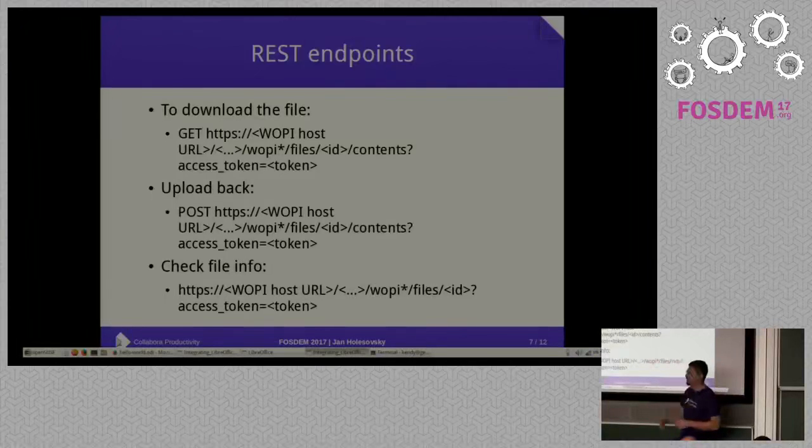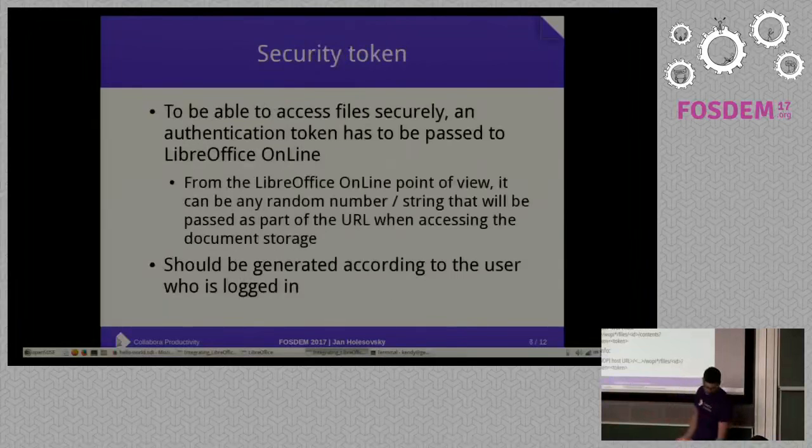So when you ask for check file info, again with the file ID, you will get information on how big the file is, what its size in bytes is, what the name of the file is, if it is read-only, and some additional information you can work with in your application. The online has to work with that information as well, because for example the UI has to look a bit different when the document is read-only.